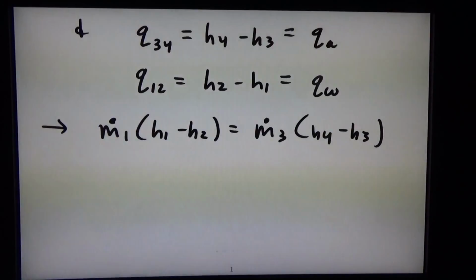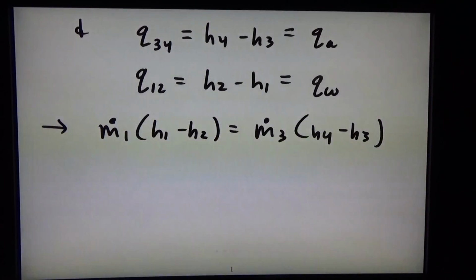So this is the typical energy balance equation we get for the heat exchanger as a system. Just look back in your notes, you can find this equation. Also, the example that we worked in chapter 4 for the heat exchanger, this is the resulting equation that we get.